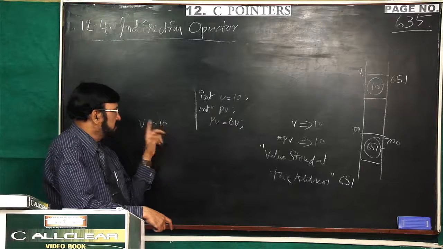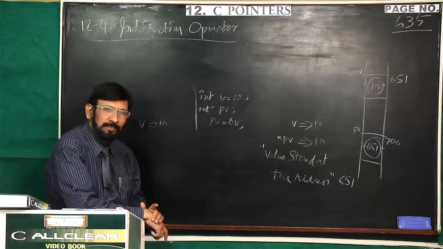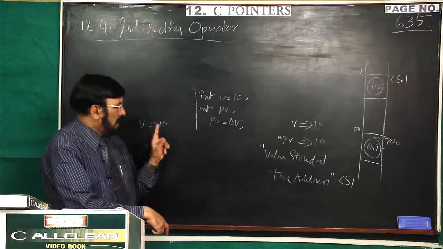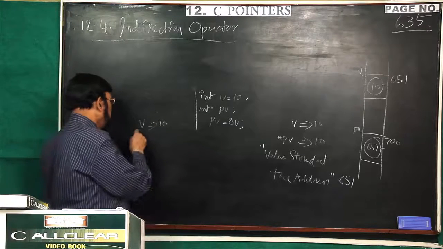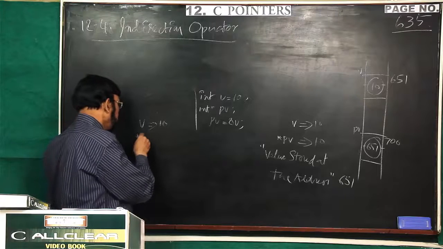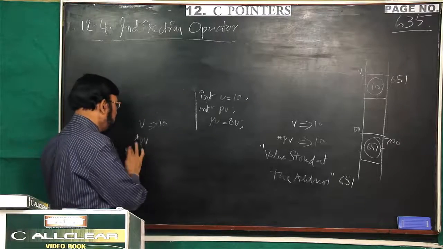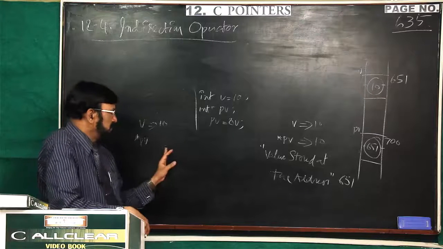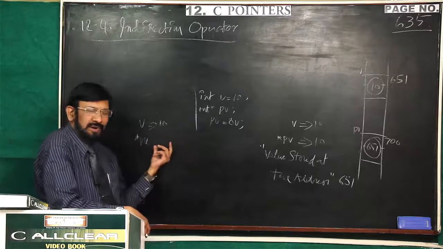In that address, the 10 is stored. So the compiler creates overheads for us. And if instead of v you are able to write star pv, the compiler's role is minimized, and the processor can directly understand.